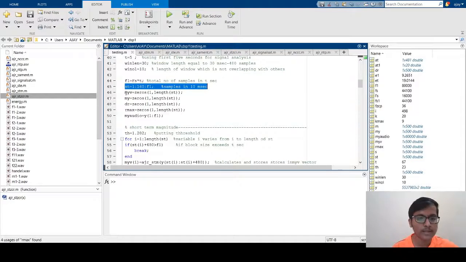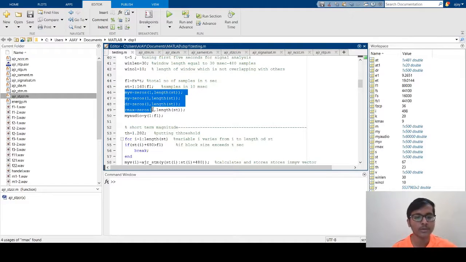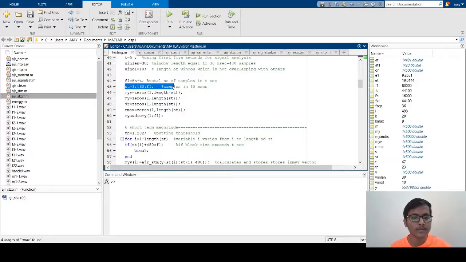Here I am declaring some variables for zeros of 1 length of st, where st represents each block. Suppose we have f1 samples. In that, for every 160 samples we are considering that as one block, and we are taking the length of st like that.